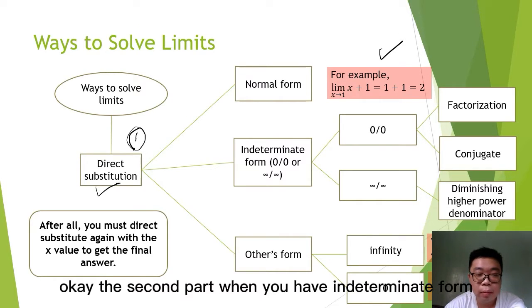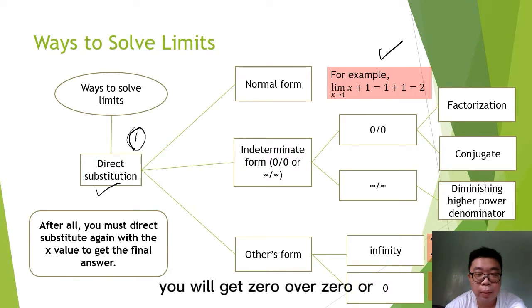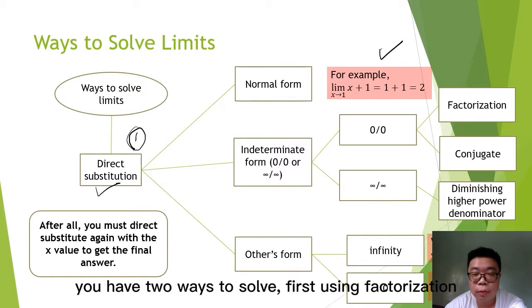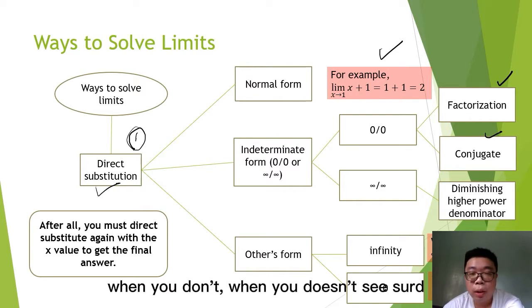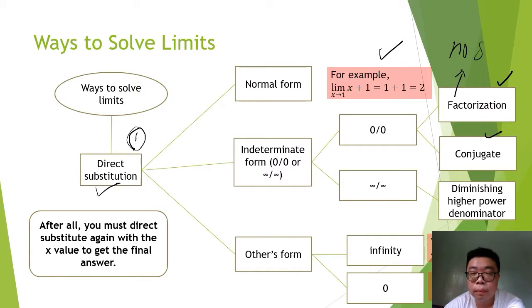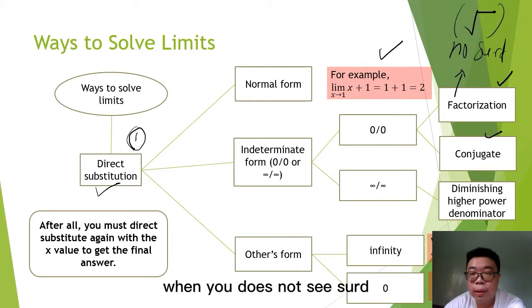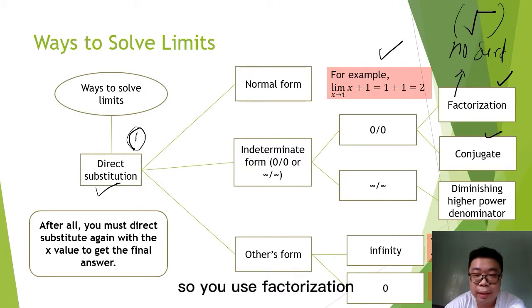The second case is the indeterminate form, where you will get 0 over 0 or infinity over infinity. If you get 0 over 0, you have two ways to solve: first, using factorization; second, using conjugate. When to use factorization? When you do not see a surd, which is the square root symbol.